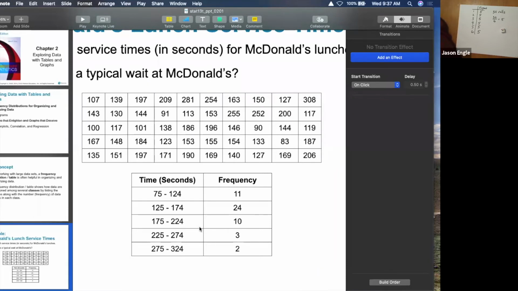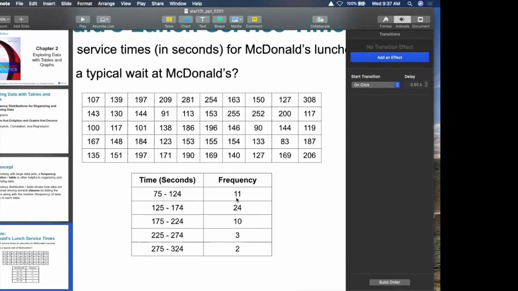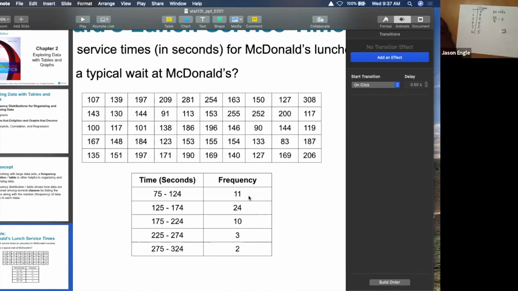And what he said to me, I thought was kind of interesting. He said, well, isn't it better to have all the data? Because sure, there's 11 numbers in that range, but I don't know where they are. Does that make sense? And I could understand his logic. I can't argue with that.